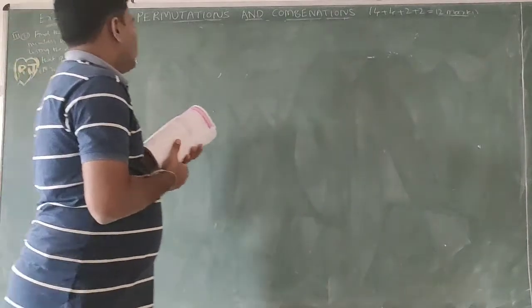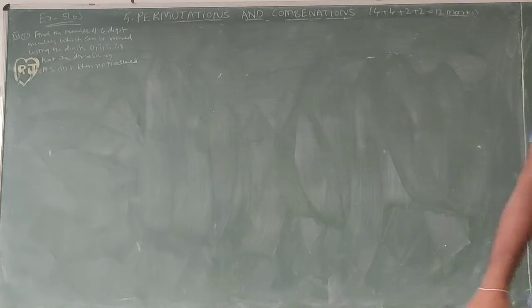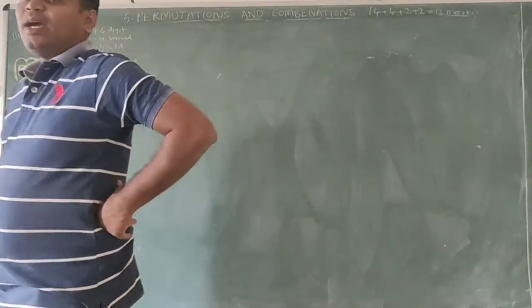If repetition is allowed, we need to find out the total numbers divisible by 2 and 4.